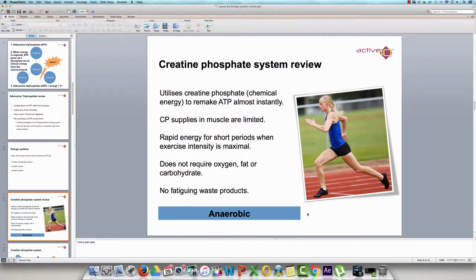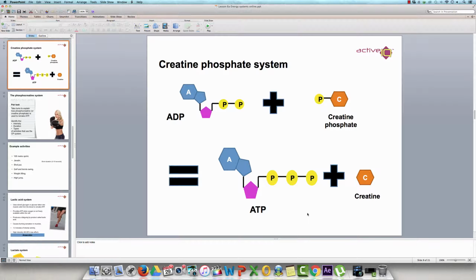What we want to have a look at is how the creatine phosphate system works and how it helps us to create more ATP. Looking at this, what we have here is ADP, and this ADP molecule needs one more phosphate adding onto it to make ATP so that we can create energy.